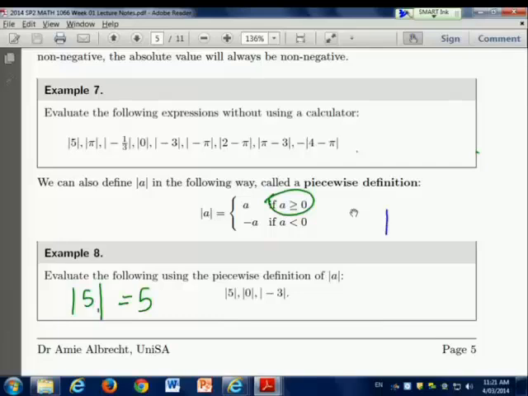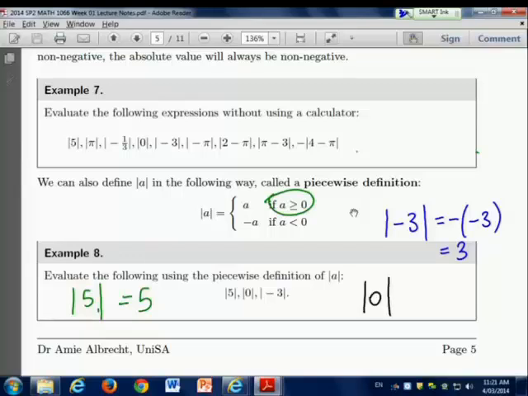Let's do negative 3 next. Negative 3 is playing the role of A. Negative 3 is less than 0. So the answer is to make A, whatever it is, negative again. And that's why it worked before. And so our definition is consistent with our number line. And what do we do for 0?